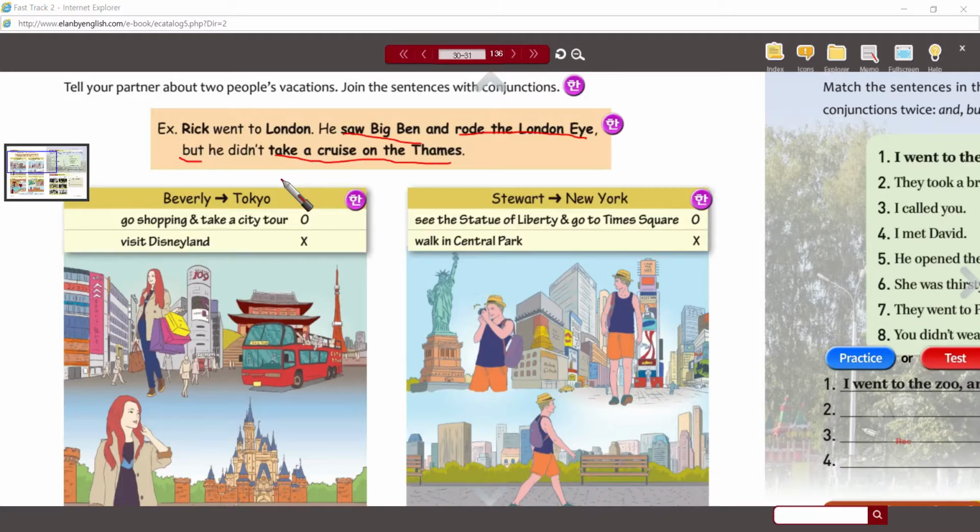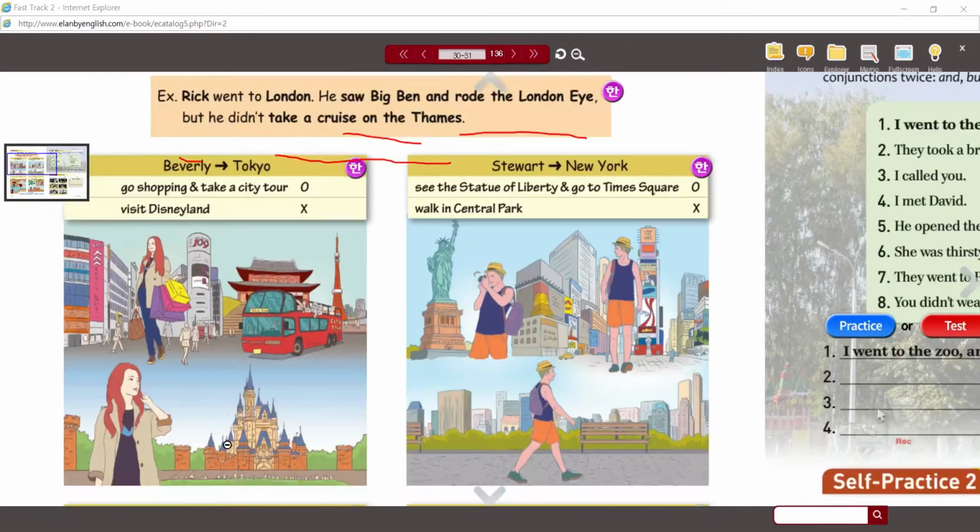So we're going to talk about the other 4 people in much the same way. Okay? So in each of these illustrations, you're given a place. Okay, Tokyo, a person, which we can see here, Beverly, and we can see Beverly doing 2 things and apparently not doing something. She's doing it, but she's not doing it.